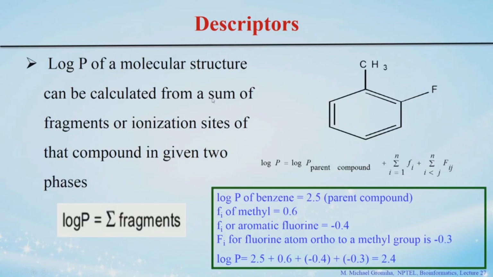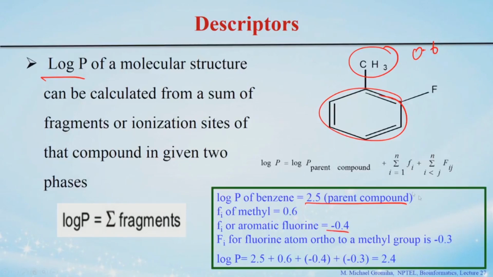How to calculate this? For example, here I give one compound: a benzene ring with CH3 attached here and fluorine attached here. How to calculate log P? You can get the value from the sum of the fragments. This is the parent compound, and you can see the other fragments, the CH3 and the fluorine. The benzene parent compound has an experimentally known log P of 2.5. The methyl group, CH3, is equal to 0.6, and the fluorine is minus 0.4.